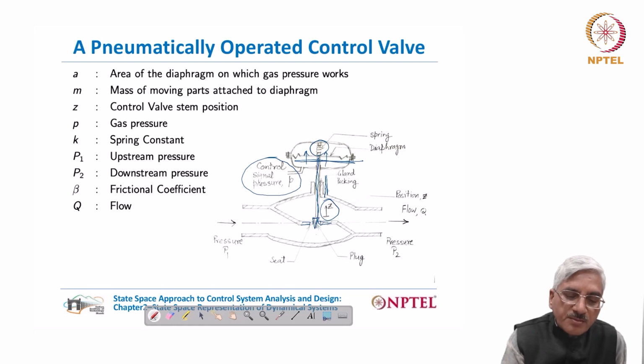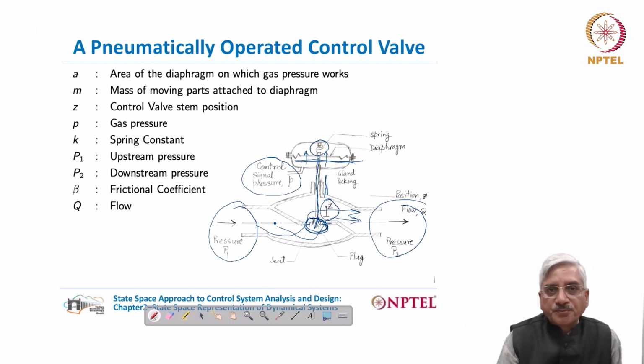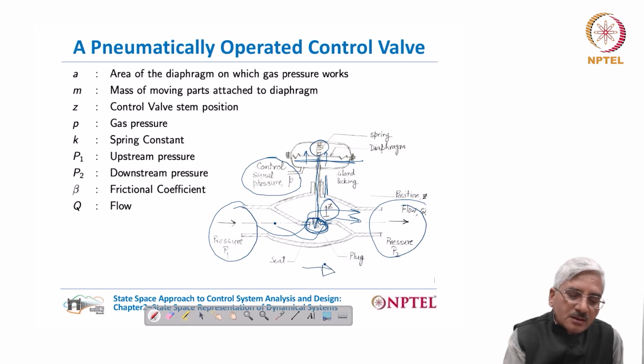This movement of stem up and down results into change in area of this valve port, and because of that change in area, the flow through the valve changes. Of course, the upstream pressure is constant at P1, downstream pressure is constant at P2. So now we have to model the flow variations through this valve depending upon the applied air pressure P, the control signal.